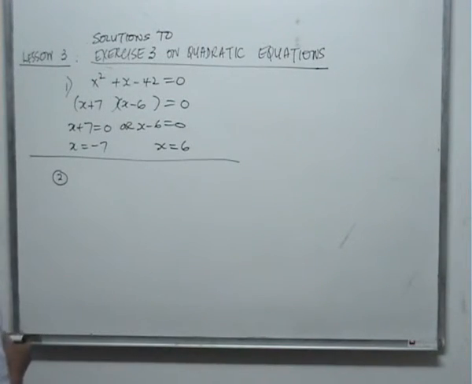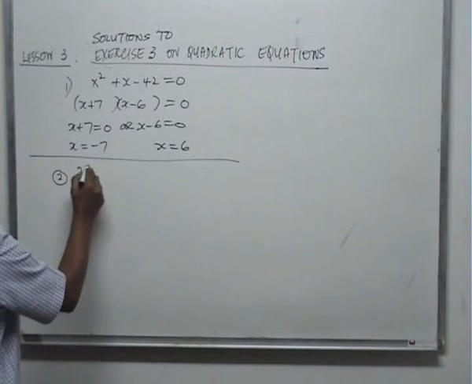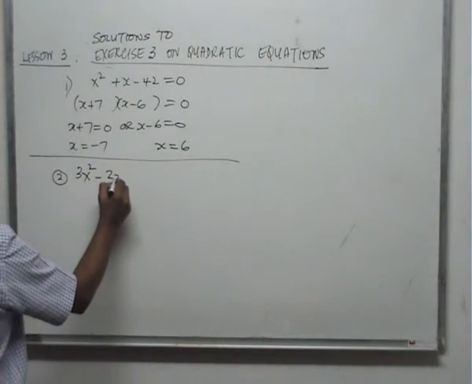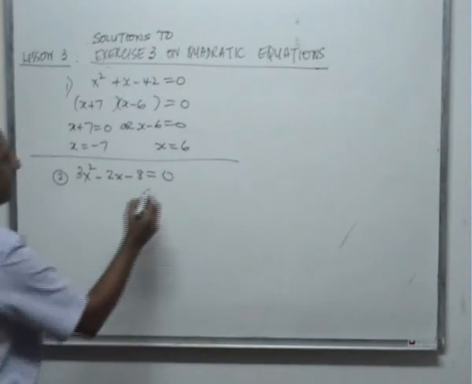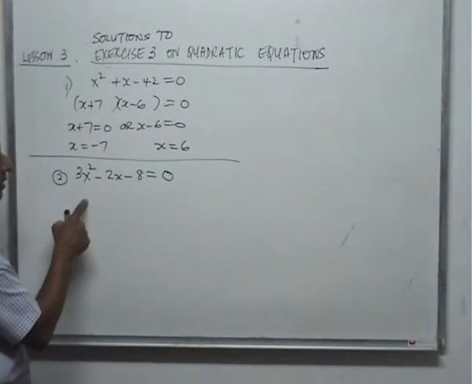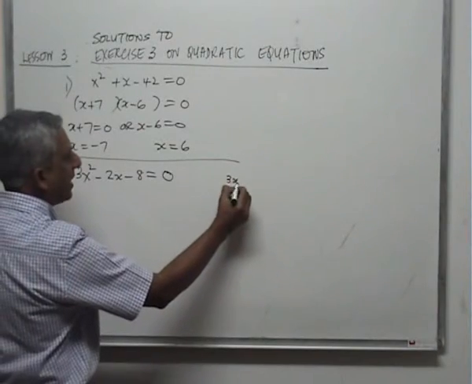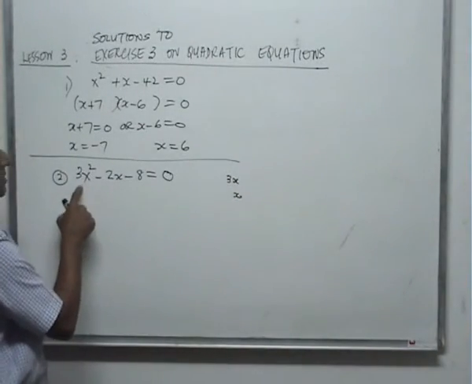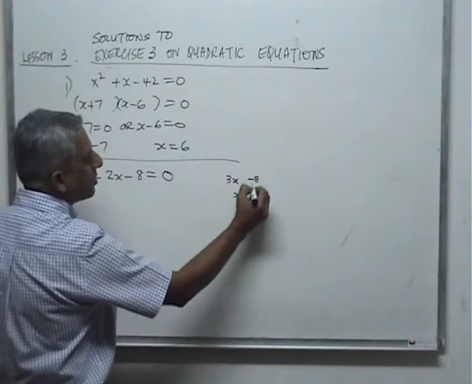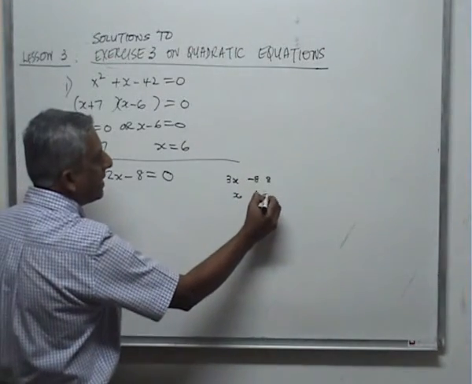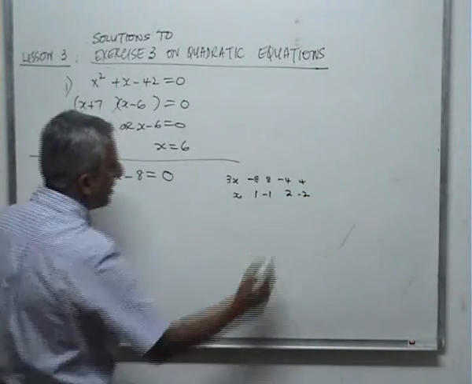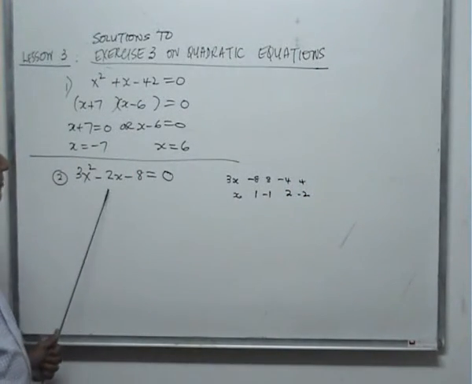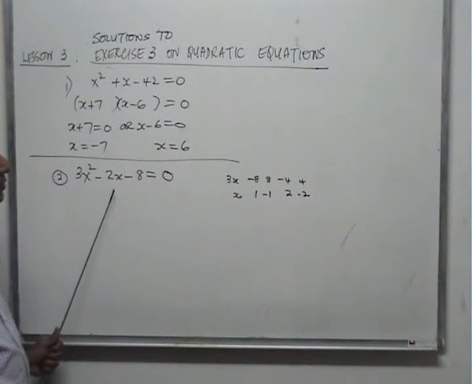Number 2 was 3x squared minus 2x minus 8 is equal to 0. So, to factorize this, you're going to try it. It's 3x and x for that. And for minus 8, you've got the choice of minus 8 and 1, 8 and minus 1, minus 4 and 2, 4 and minus 2. Now you're looking for a minus 2x in the middle.